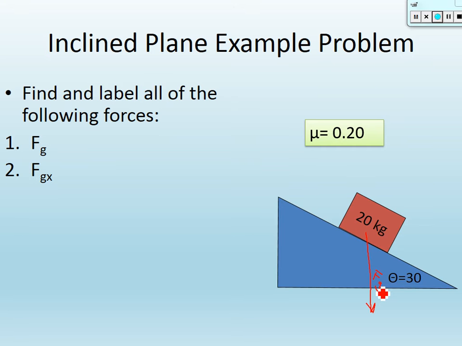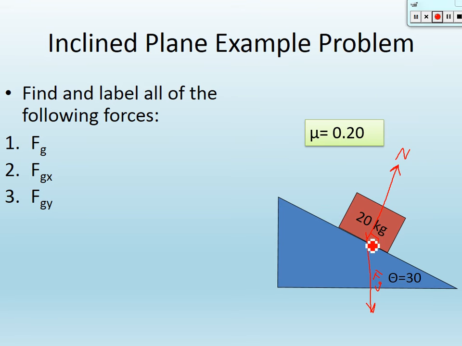Let's find and label FGX and FGY. Well, I think maybe it's easier if we draw in the normal force first. Normal force comes straight up, perpendicular to the surface of this ramp. So this is normal force.